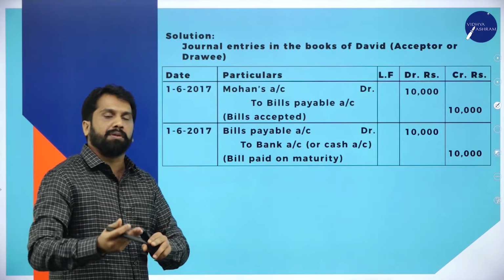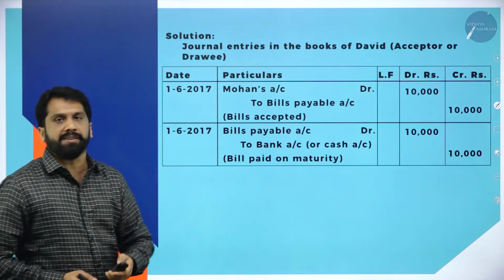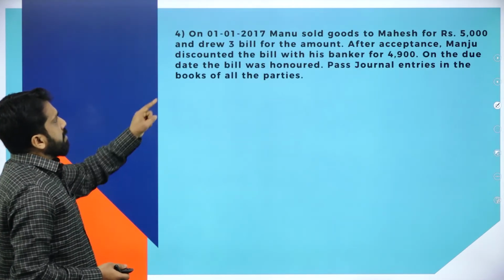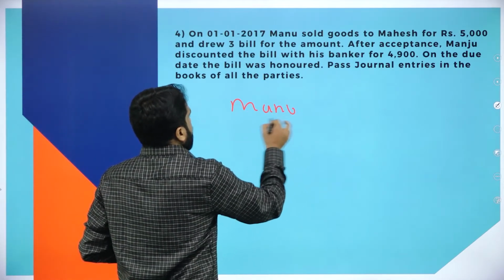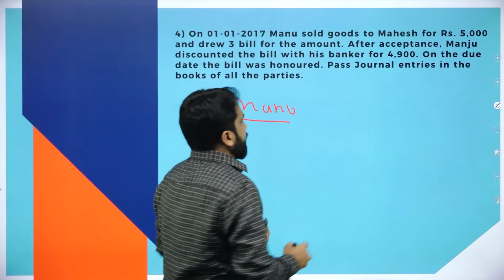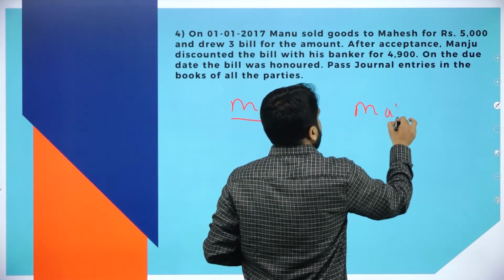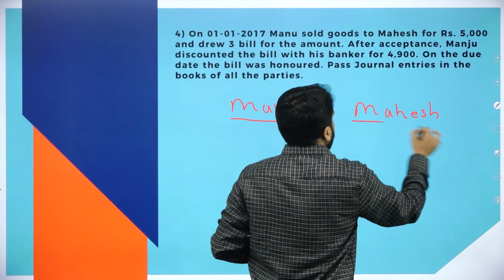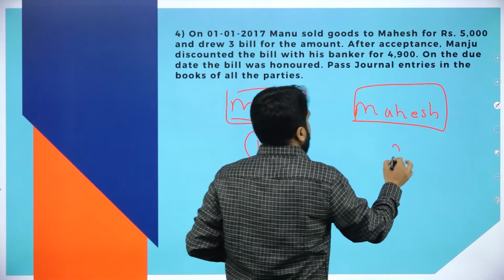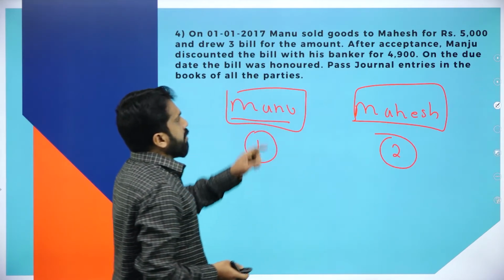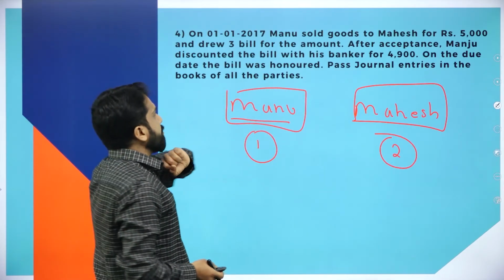I'll go to the next problem. So in that you will understand better. Same thing, Manu sold. So the first person is Manu, to Mahesh. And the second person is Mahesh. What is the amount? 5,000.